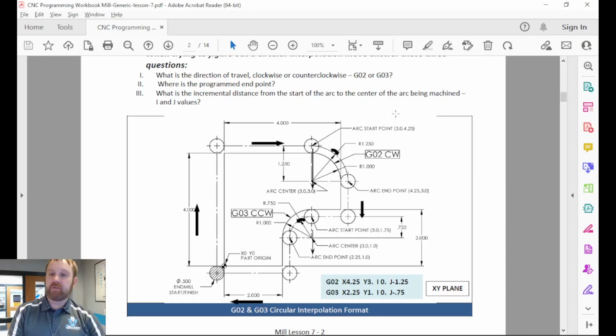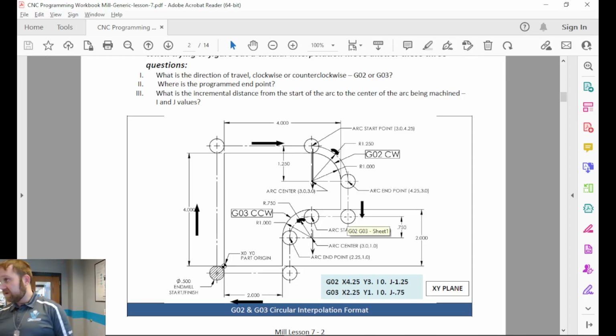Now, the next move after this is a line that moves straight down from here to right here. Okay, so it's a linear move. So the first thing I have to make sure I do, what? G1, yes, G1.